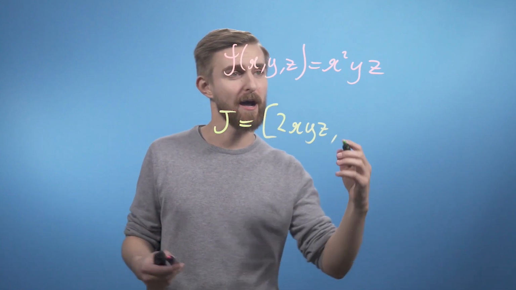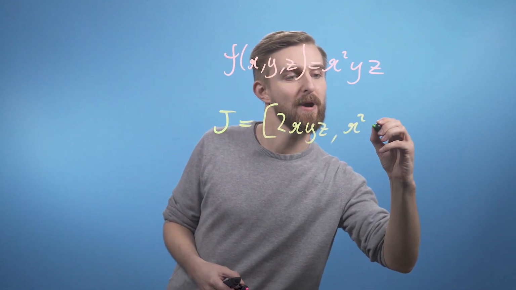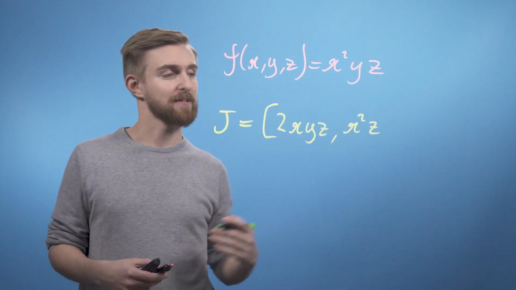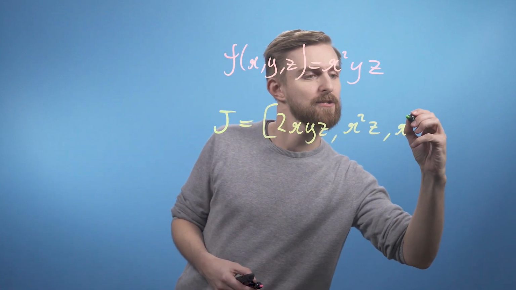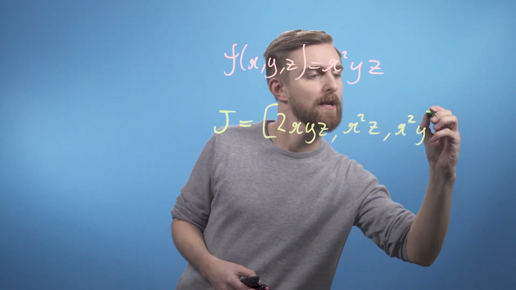Differentiate with respect to y, we're just going to get x squared z. And differentiate with respect to z, x squared y.